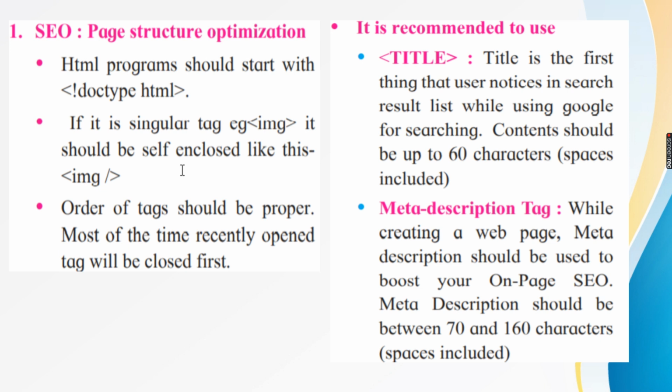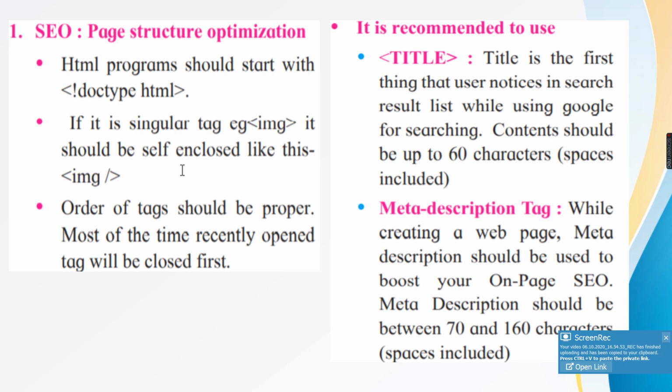Generally we ignore the title tag because whatever you type in the title tag is not shown on the web page, but do not forget that the title tag text is shown in the title bar of the web page. Do you realize? That means it is the title of the web page. So it's very important when you do real-time coding.